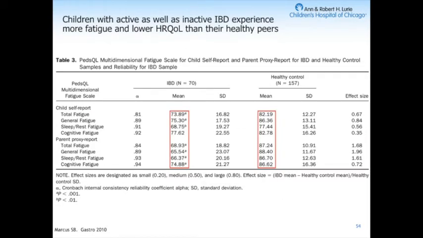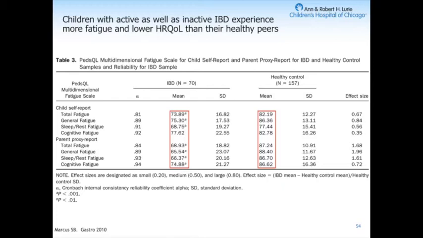And when we've looked at patients who have IBD and healthy patients, when we've looked at their quality of life, now these are patients who are supposedly well controlled, they have no symptoms. When you look at their quality of life, lower is worse. So their fatigue score is 73, and the healthy is 82.